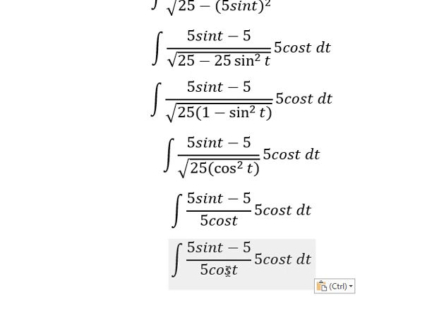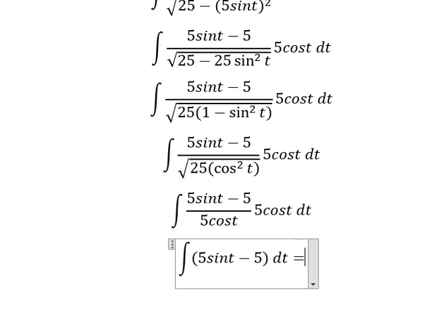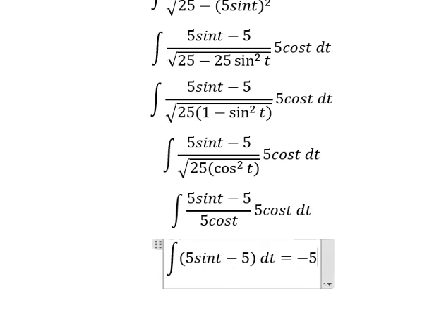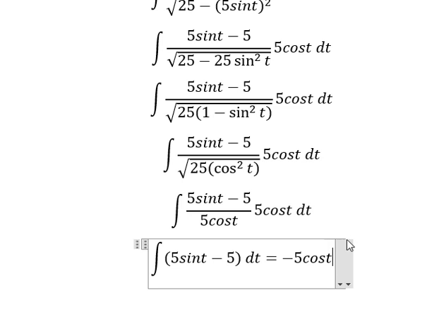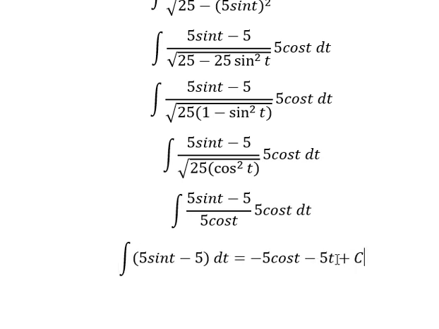And now we simplify the integration of sine t. We have negative number 5 cosine t. The next one is about 5t, and I will put c.